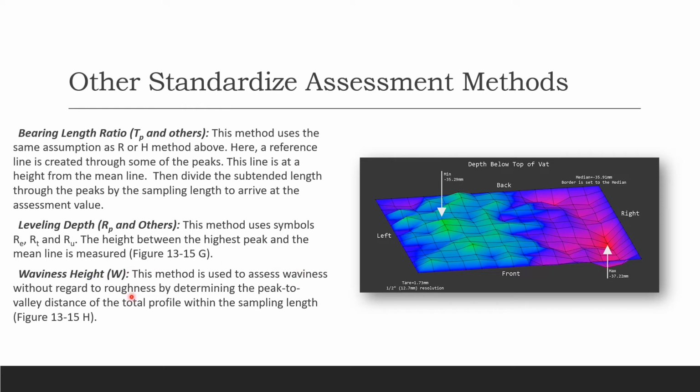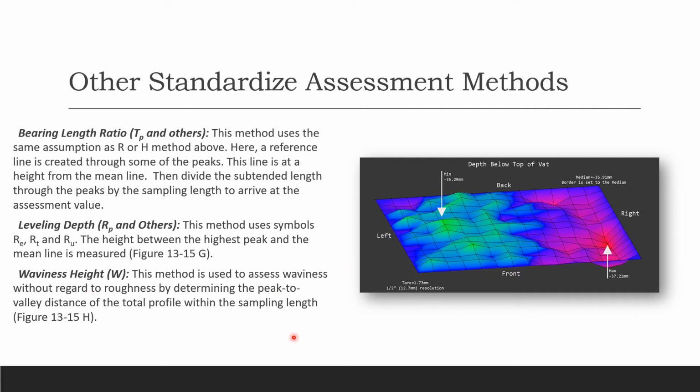Okay, waviness height. This method is used to assess waviness without regard to roughness by determining the peak to valley distance of the total profile within the sampling length. That's another method, and here we're measuring the height of the waviness.